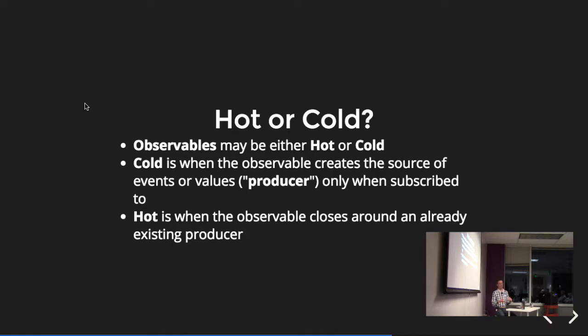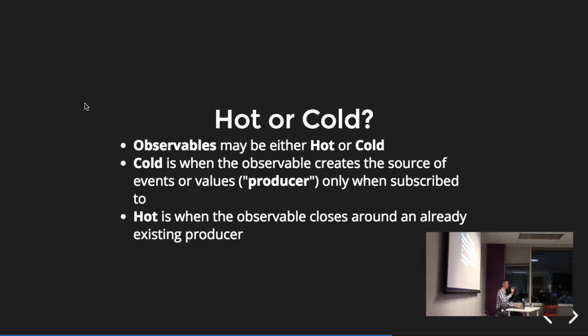Since we're doing a whole intro to RxJS, there is this concept of an observable being hot or cold. A cold observable is when the source of the events or values, which we might call a provider or a producer, only happens when we subscribe to it. And we see that all the time in Angular. HTTP client is cold.